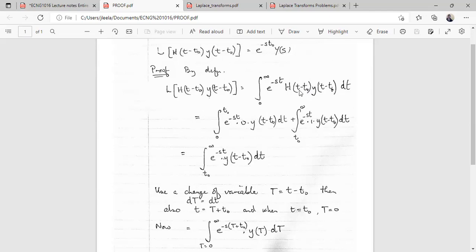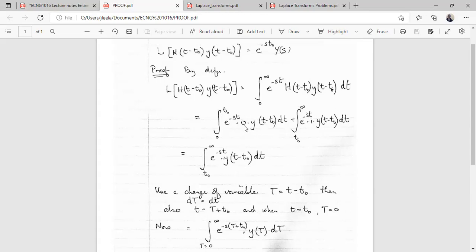Now remember that the Heaviside function h(t - t0) is defined to be 0 for t less than t0, and it's defined to be 1 for t0 and greater. Which means we could break this up, because this is a piecewise function. We break up the integral into the part with 0, where the limits are 0 to t0, and between t0 and infinity, where the function is 1.